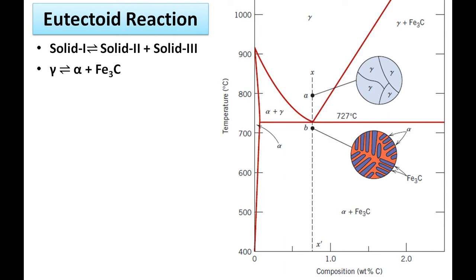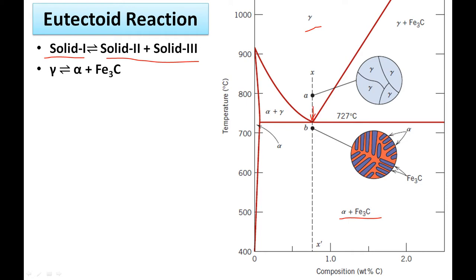The eutectoid reaction is very important and we will concentrate on this reaction mainly. Now what happens in this reaction? We can see there is a gamma phase and it directly converts to alpha ferrite plus cementite. That means one solid becomes 2 new solids. Okay, and we are showing the microstructure here for this particular point. What happens before this point?